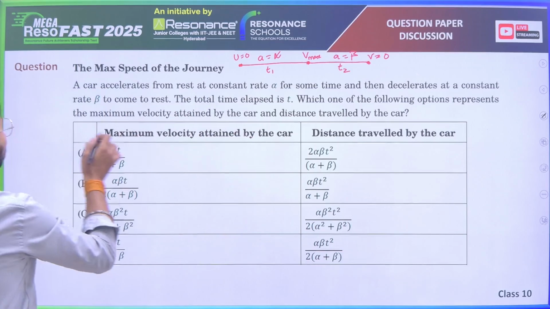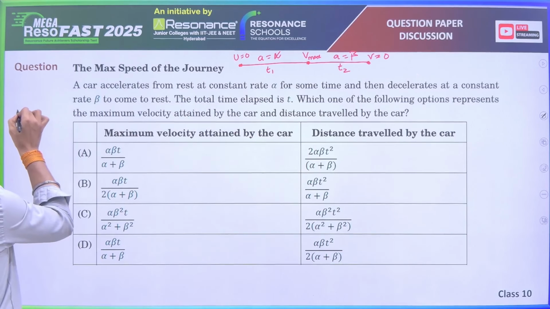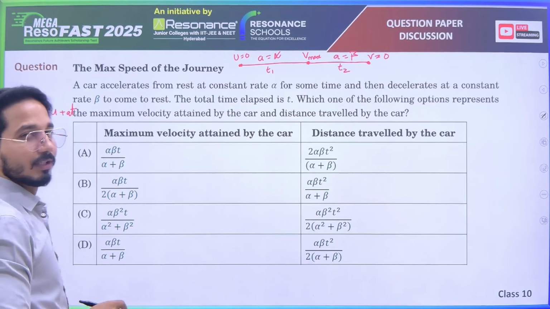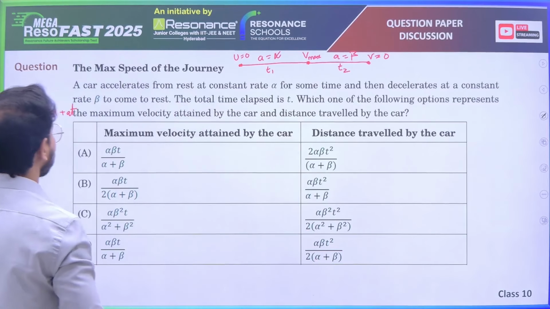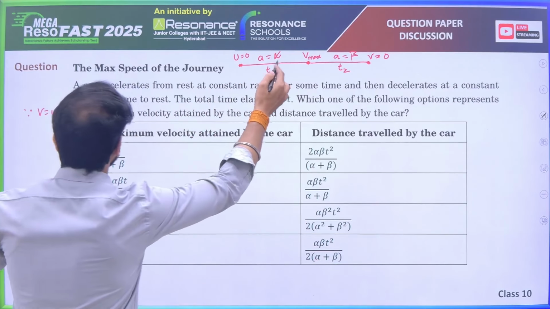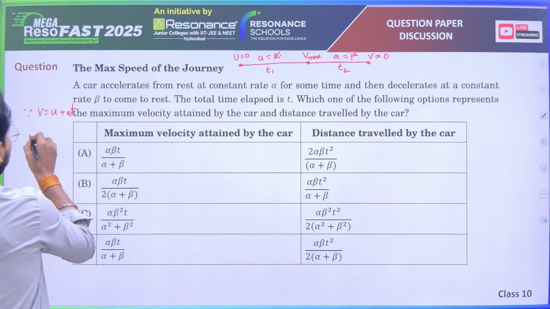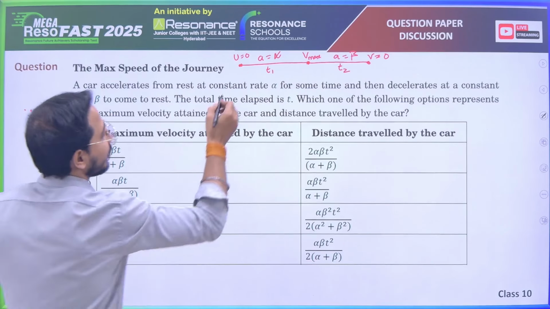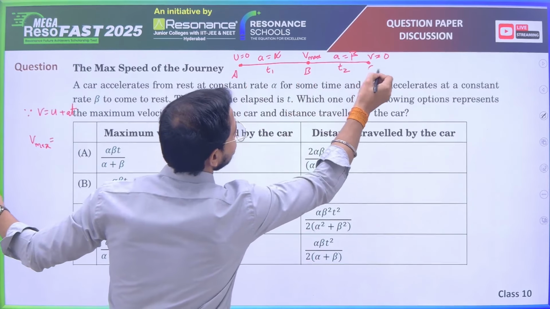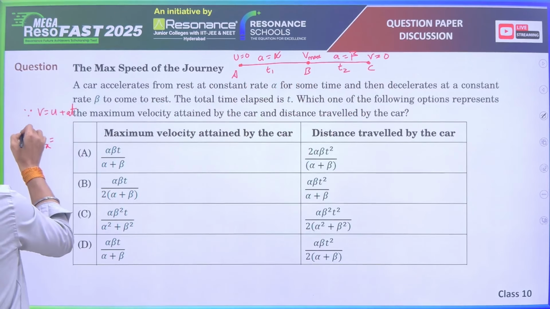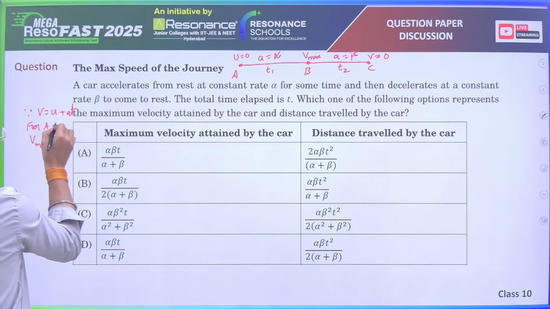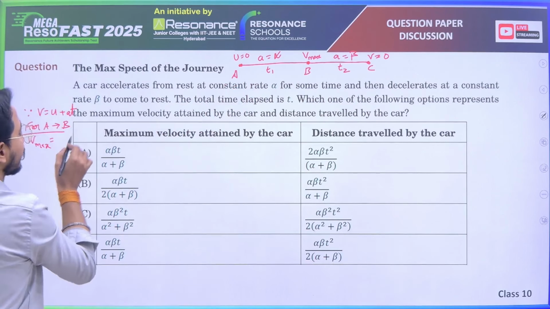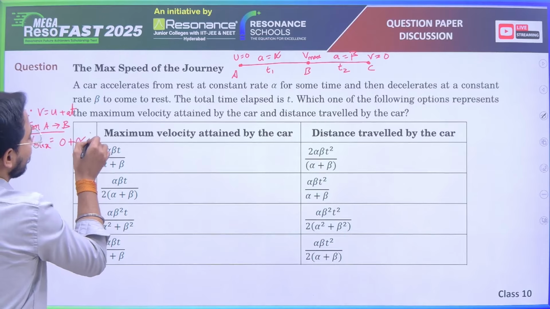For calculating that, we know the first equation of motion, V is equal to u plus at, right? If I name the journey points A, B and C, then for journey A to B, V max will be equal to, as per this equation, u is 0, acceleration is alpha and time is t1.